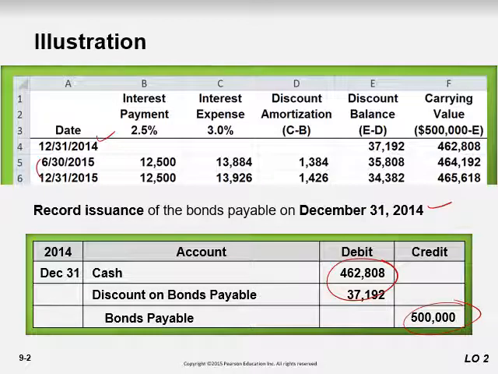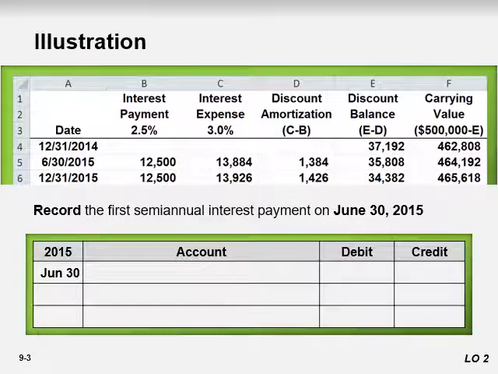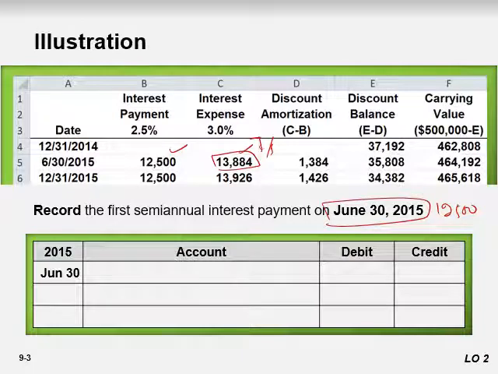Now account for this interest. So on June 30 you paid the interest, right? So the interest payment is through cash. Actually you pay this interest payment, but your interest expense that will go to the income statement will be 13,884. So what is the entry?